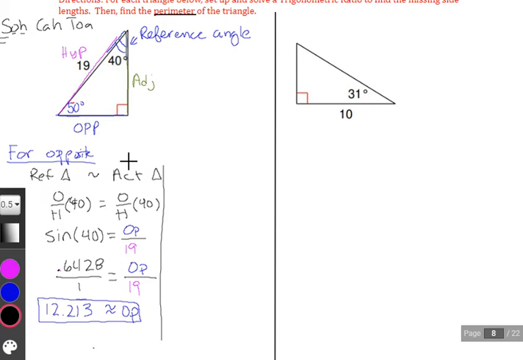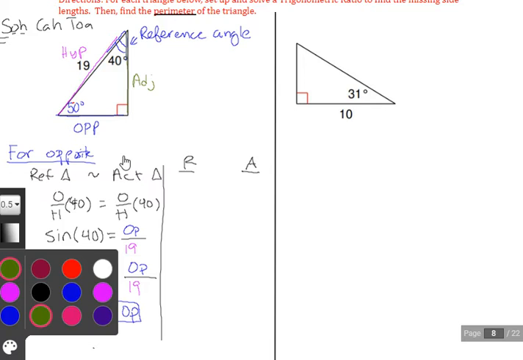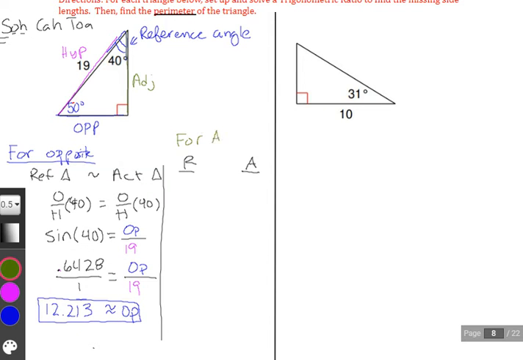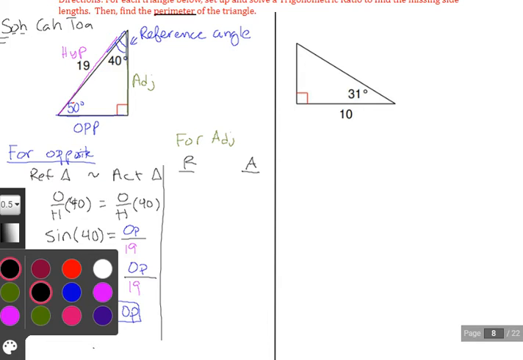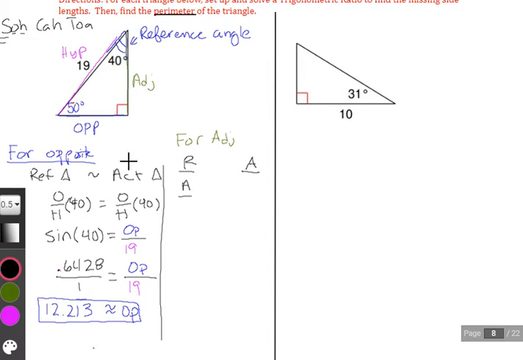Okay, so I'm going to be a little squeezed for room here, but I still have reference and actual. I'm going to solve for the adjacent side now. Okay, but I still want to use the setup I have, and so I have the adjacent and the hypotenuse. That's going to be my ratio, A over H. I'm still going to use 40 degrees as my reference, and since the triangles are similar, the same ratio should exist on the other side as well.